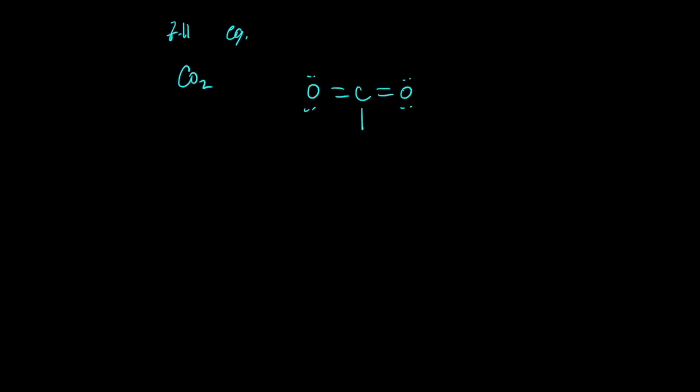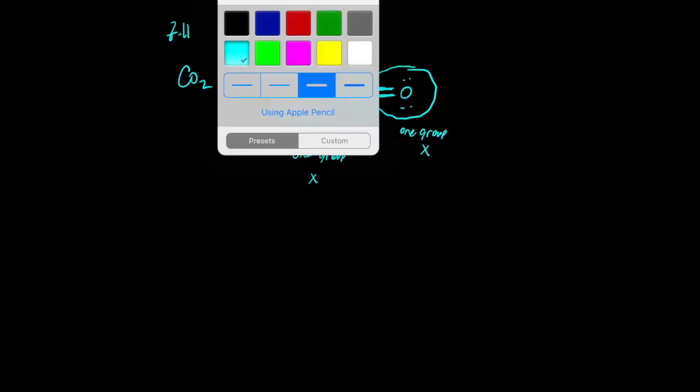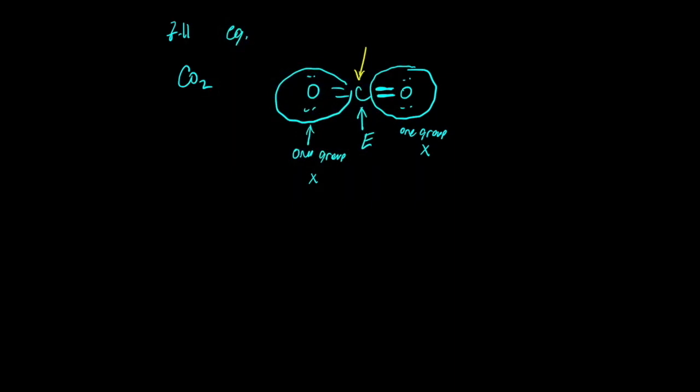Carbon here is your central atom, and it's bonded to one atom called oxygen. We don't care about how many dots are on that oxygen. So it's one group, and we call that group X. Over here, we have one group called X, and the central atom is called E. On the central atom, there are no lone pairs.